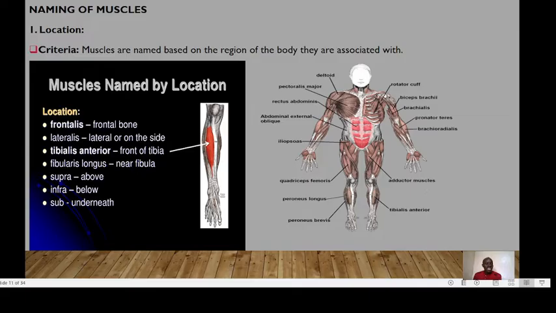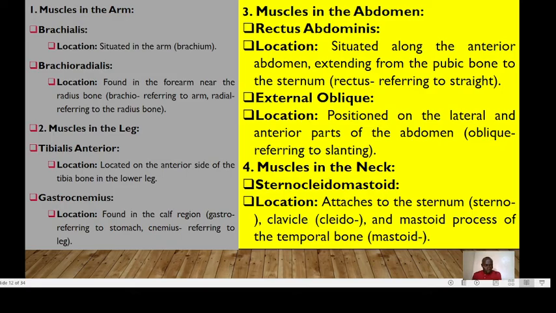Tibialis anterior, front of the tibia. Fibularis longus, near the fibula. Supra, above. Infra, below. Sub, underneath. So some of these muscles are named because of their location, and that is one of the criteria we use to name skeletal muscles.